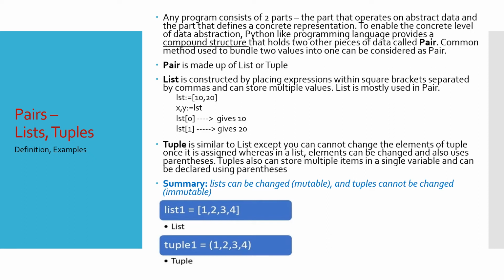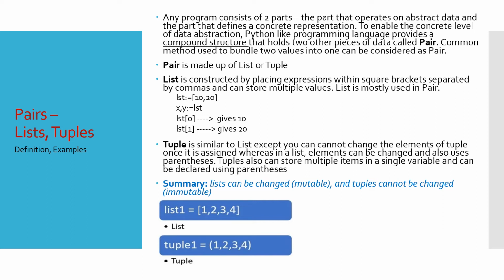And what is that? How does it look? The common method which is used to bundle these two values into one can be considered as a pair. The way they have defined the pair is again two types. It can be a list or it can be a tuple.